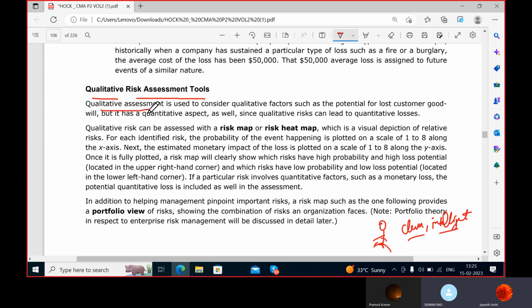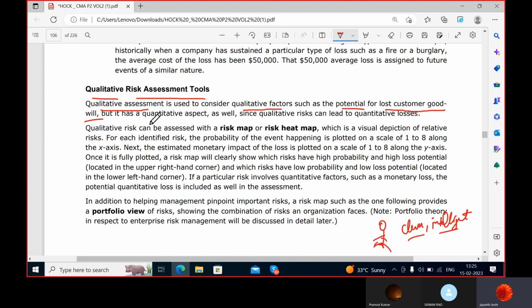Qualitative assessment is used to consider qualitative factors such as the potential for lost customer goodwill. So how much is the goodwill? See, goodwill is what? Name and fame. It can increase or decrease. How much it is increasing, how much it is decreasing is what we can't measure.